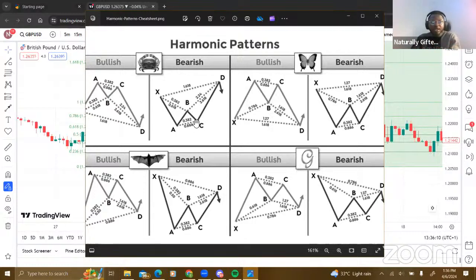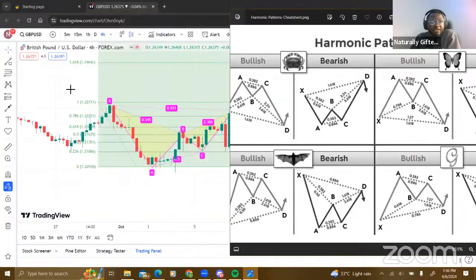Now we're working on the Gartley pattern. This is the Gartley pattern. So if you look at this, this is X to A to B to C to D. So from your X, using your harmonic pattern, you're bringing it from the high all the way to the low. And then you're going into the 0.5 retracement area.